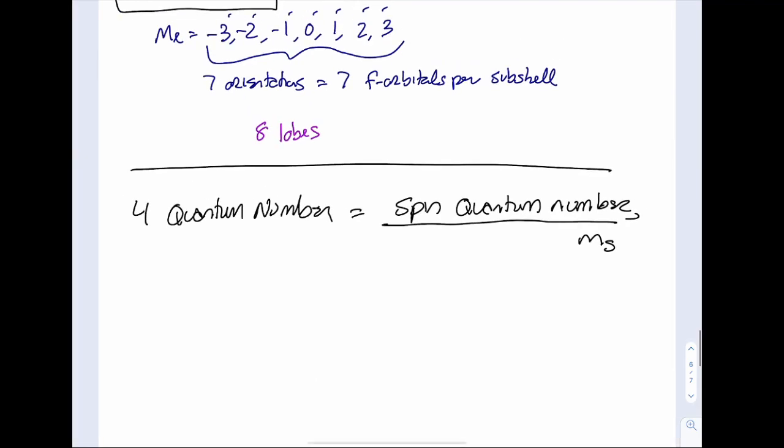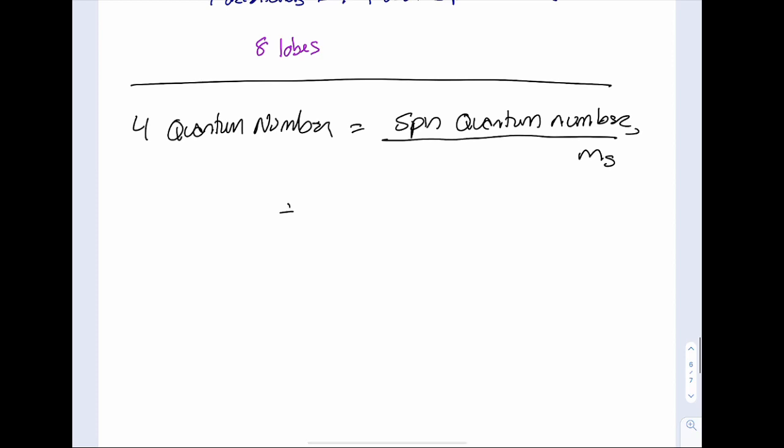So we have 2 values for m sub s. And those 2 values are either going to be plus 1/2 or minus 1/2. And it doesn't matter which is which. One spinning clockwise, one spinning counterclockwise. It doesn't matter which value goes with which direction. Just know that there's only 2 values.